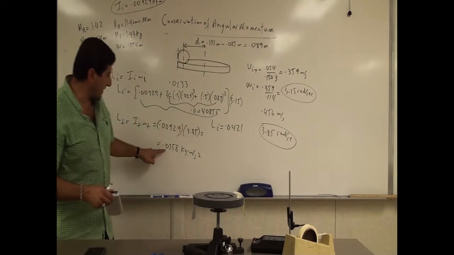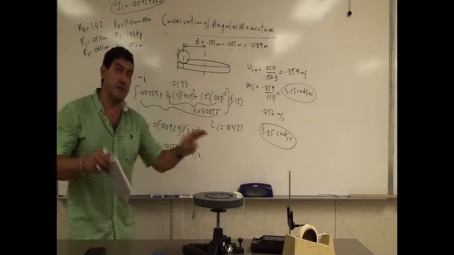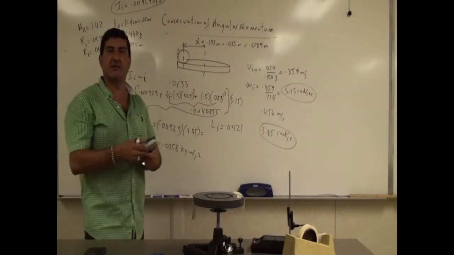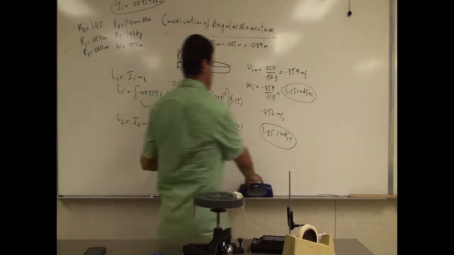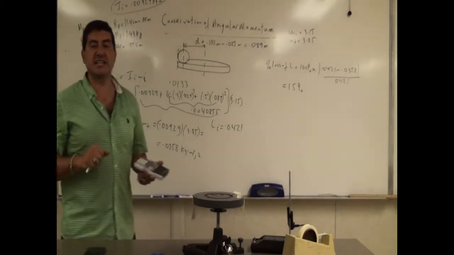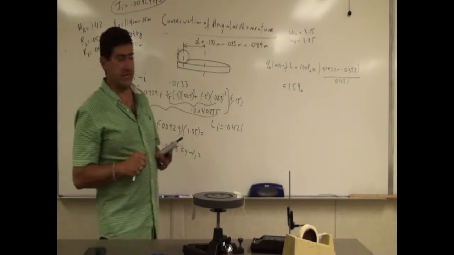The final angular momentum is smaller than the initial angular momentum, but not by that much. So you can see the idea of angular momentum conservation hold true. That is pretty reasonable, because just by cutting it and interacting with it, you can cause the angular momentum to go down by that much.